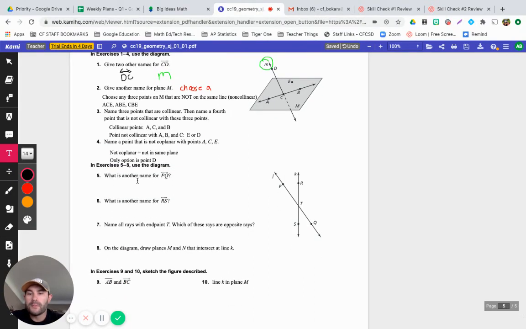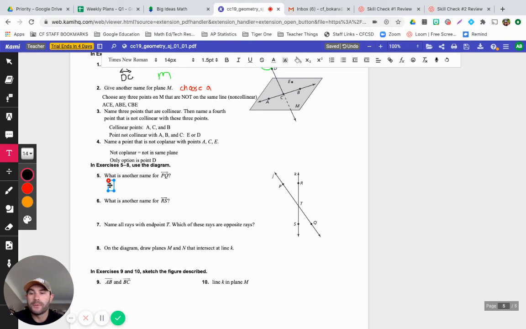So what is another name for line PQ? You can call it line QP with the arrows over it, or you can call it by the little j right here, or we can call it line J. What is another name for line RS?